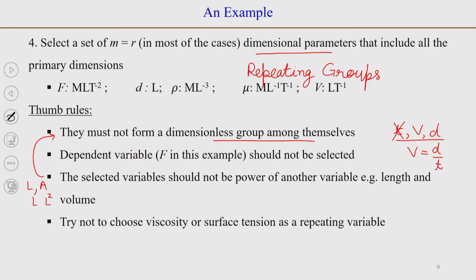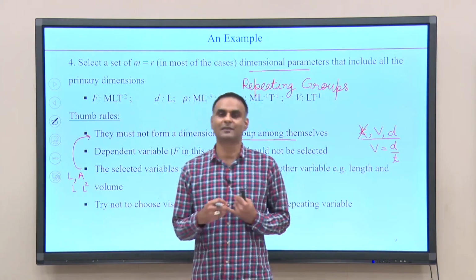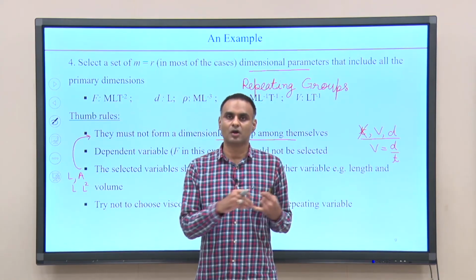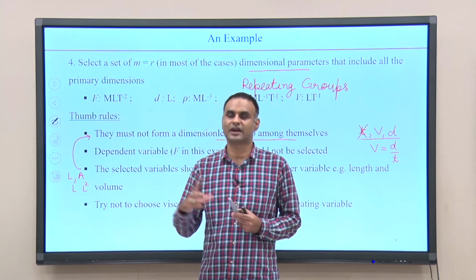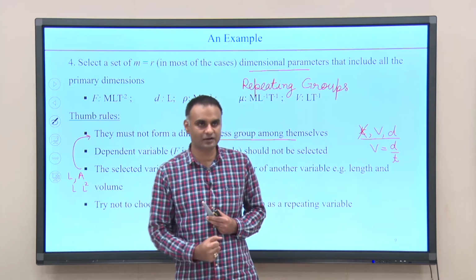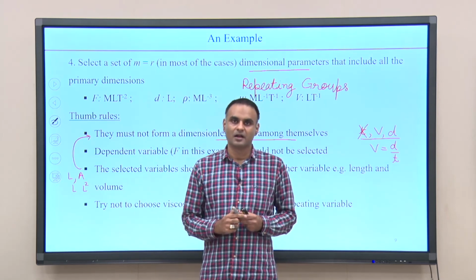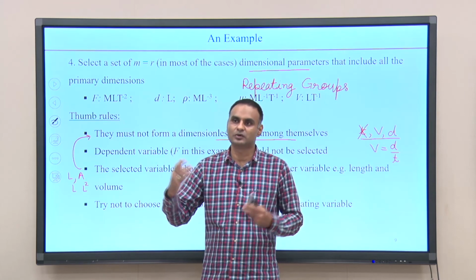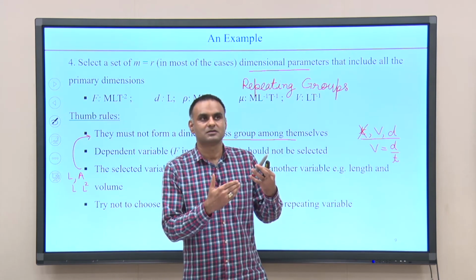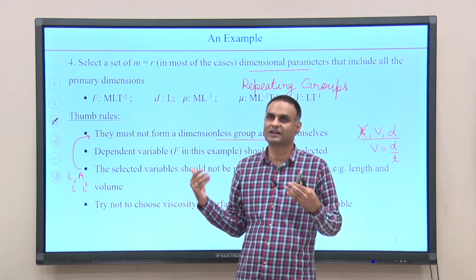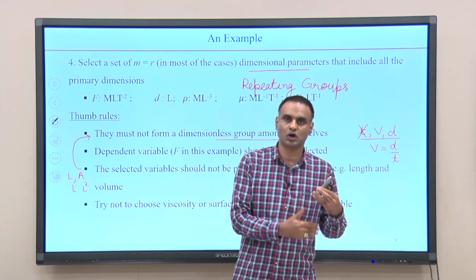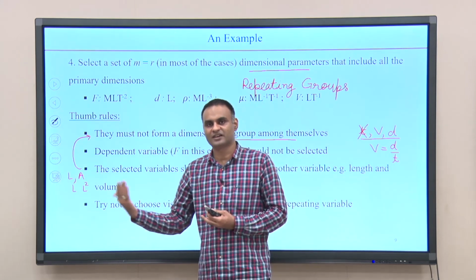Then we should try not to choose viscosity or surface tension as a repeating variable, because when we put it in dimensionless form, we are not only reducing the number of variables, we are also trying to gain a physical insight into the problem. And in most cases, we will be looking to compare the competing physical effects, or in fluid mechanics generally it will be competing forces or competing stresses that affect a problem.